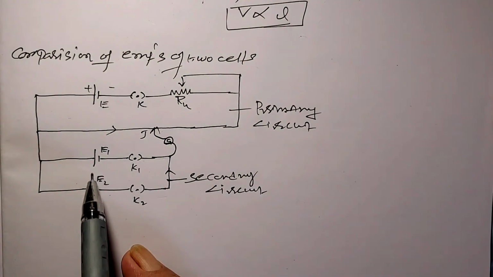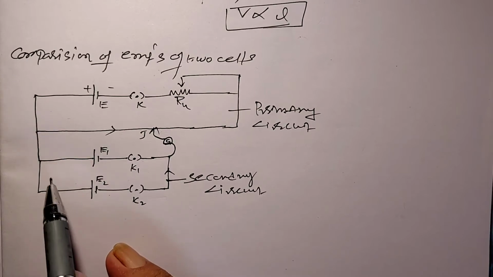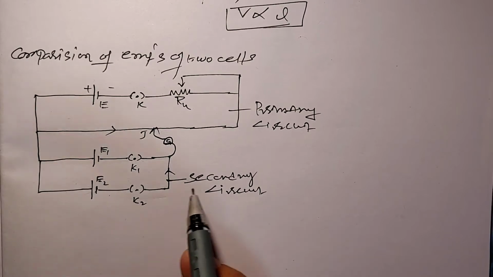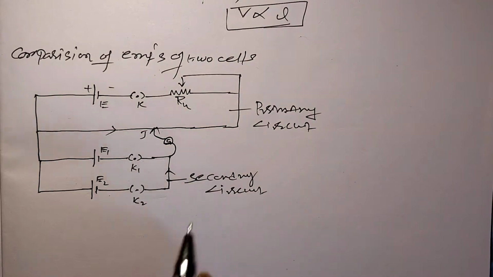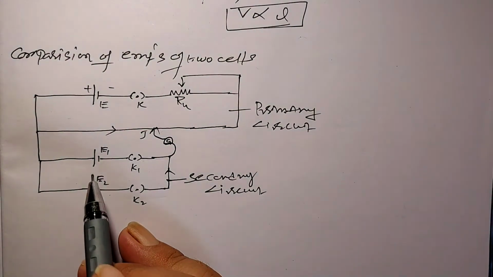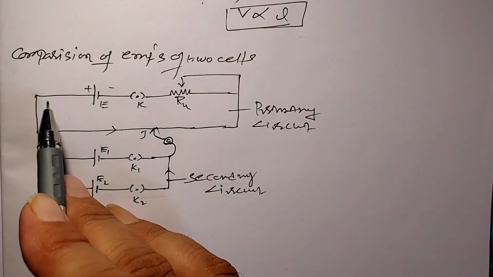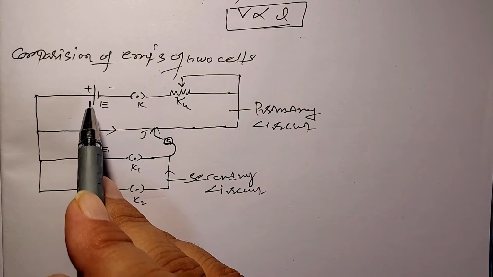The cells whose EMFs are to be compared are connected in another circuit. That circuit is called the secondary circuit. The positive terminals of these two cells are connected to the positive terminal of the source EMF.